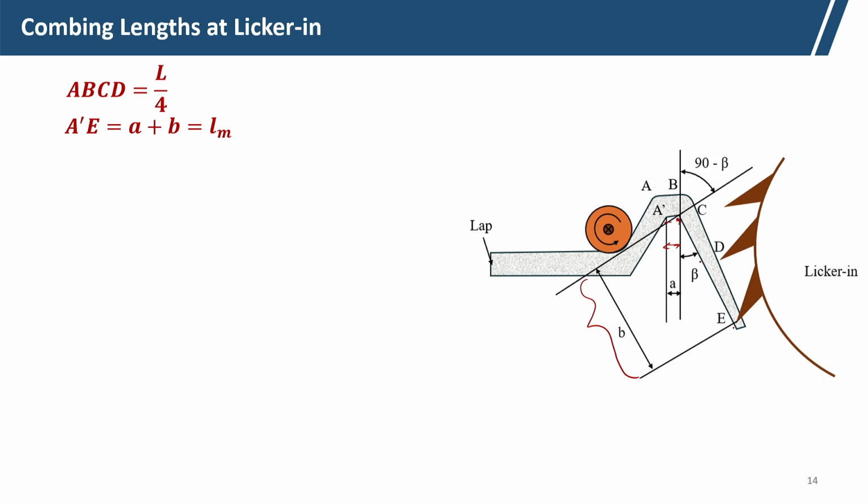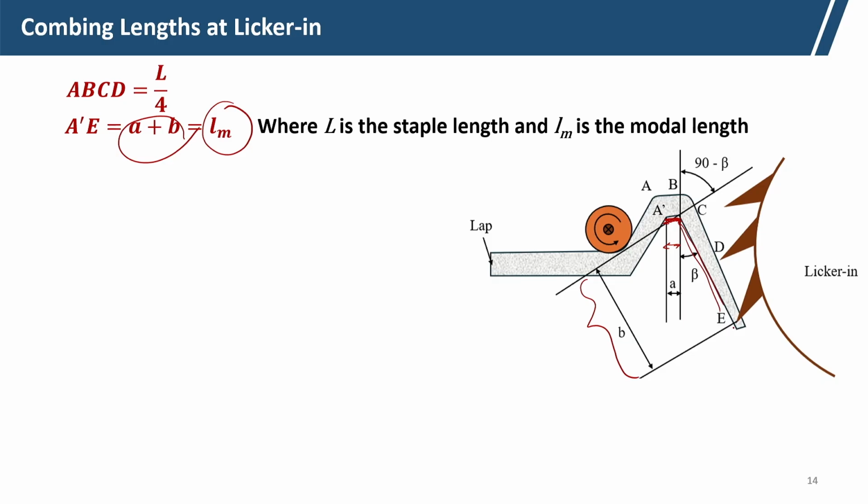So, this is nothing but AE, A plus B, where A is this width and B is this distance, and LM is the modal length. L is the staple length, LM is the modal length.